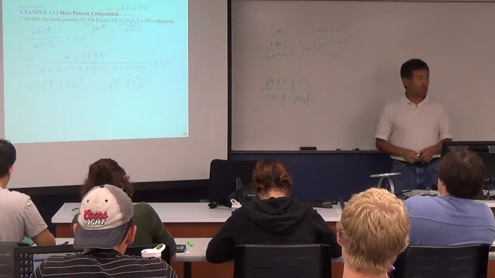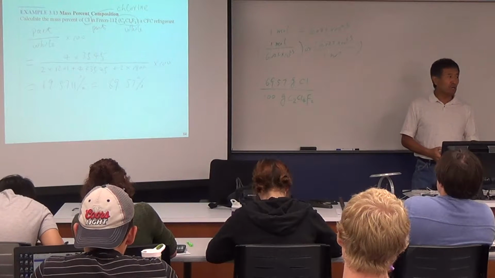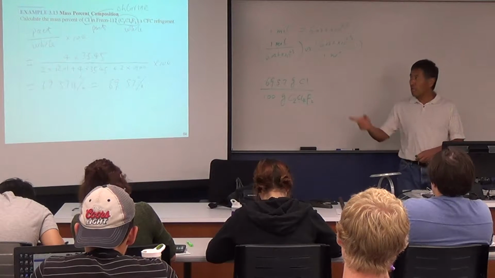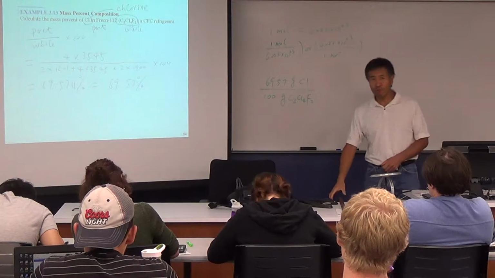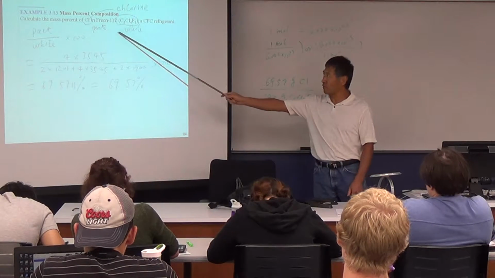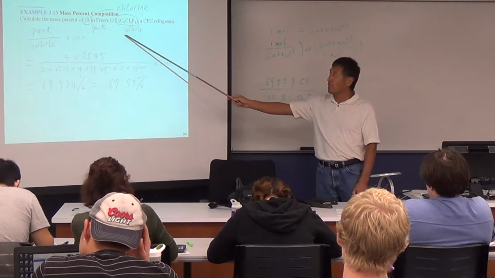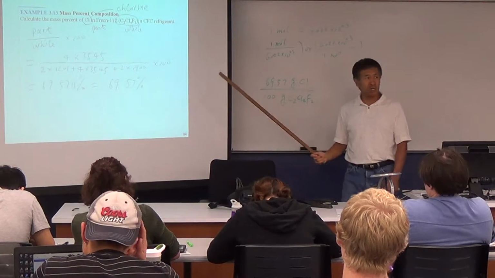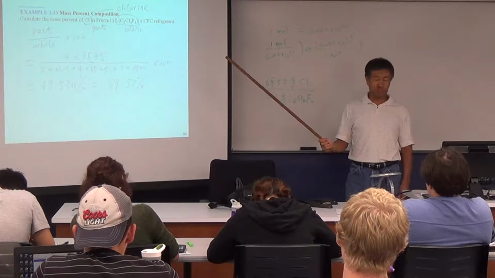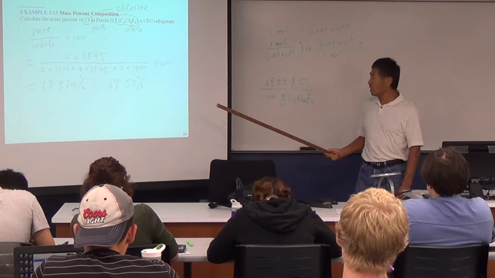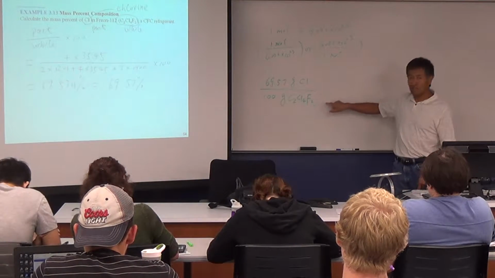Once you have this mass percent of Cl in that special type of Freon, called C2Cl4F2, you can write it as this information.